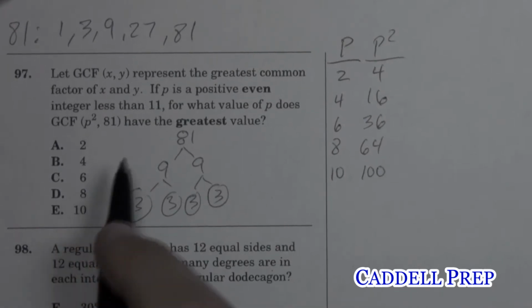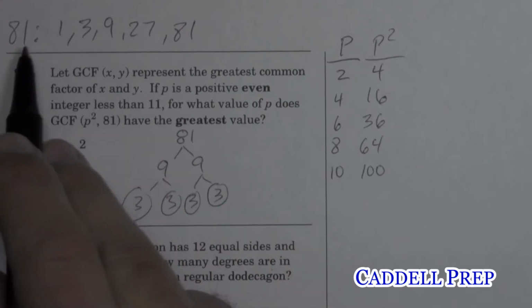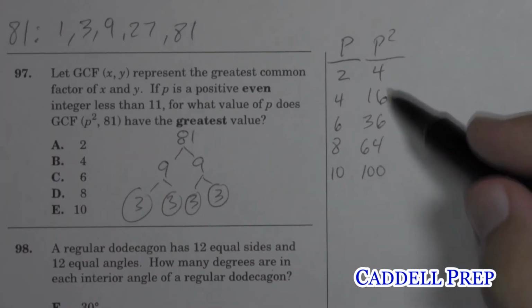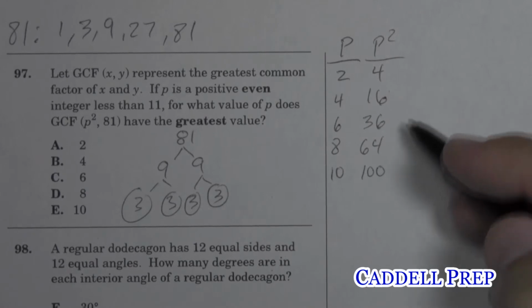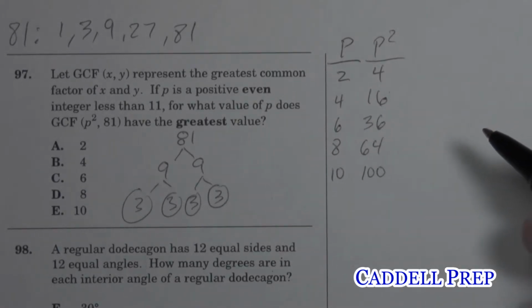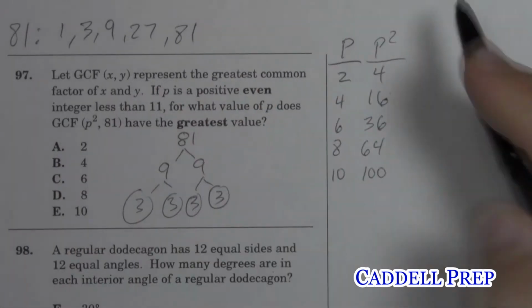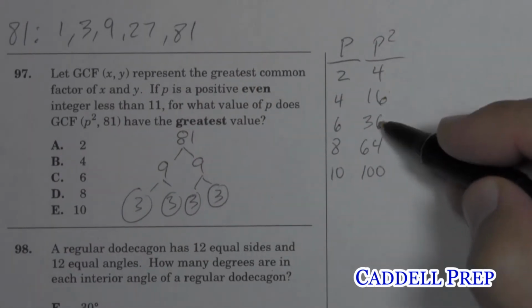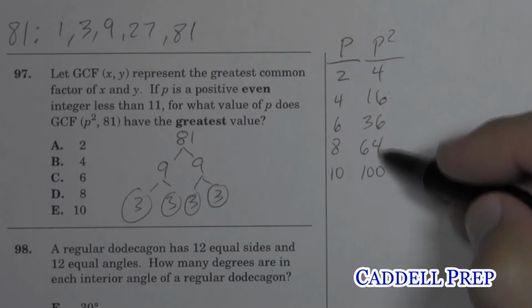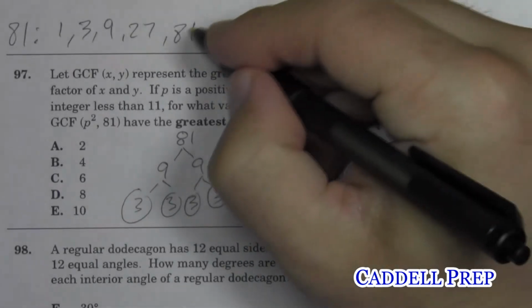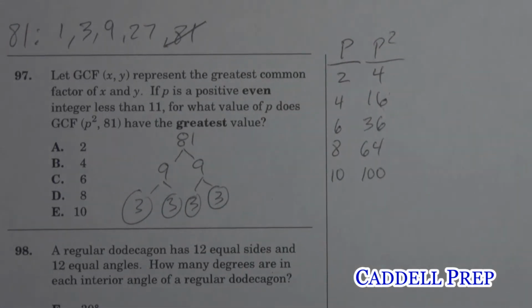We want the greatest common factor between 81 and p squared to be as large as possible. So let's start with the largest possible factor of 81. None of these have 81 as a factor, so that's not a possibility.